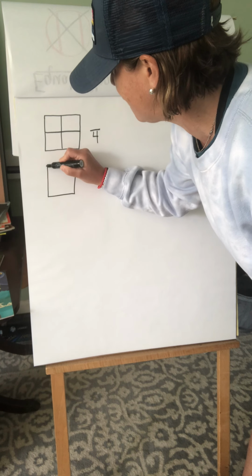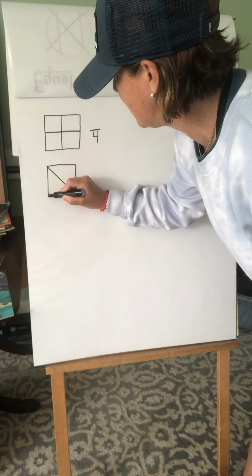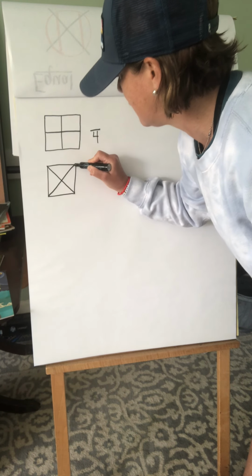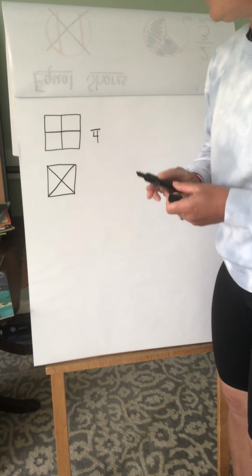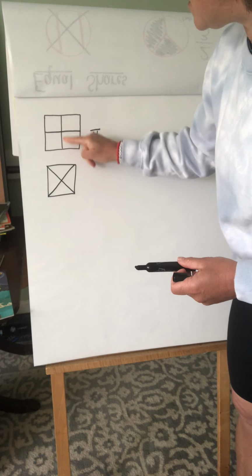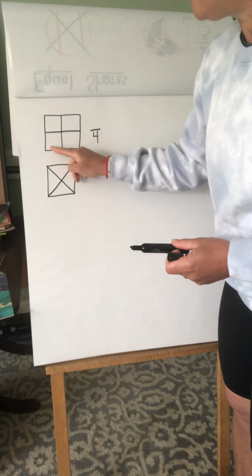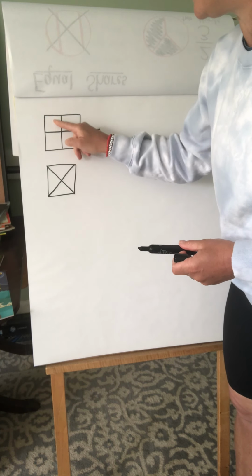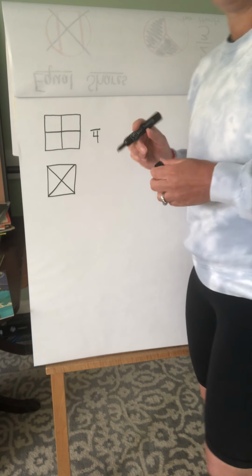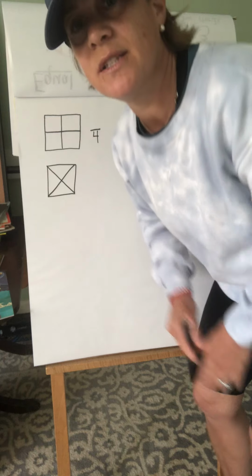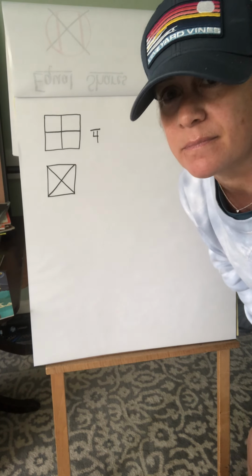Did anybody make their fourths like this? That's also fourths. You also could have done 4 lines down, or 3 lines down, or 3 lines across. That would have made equal parts in fourths, okay?